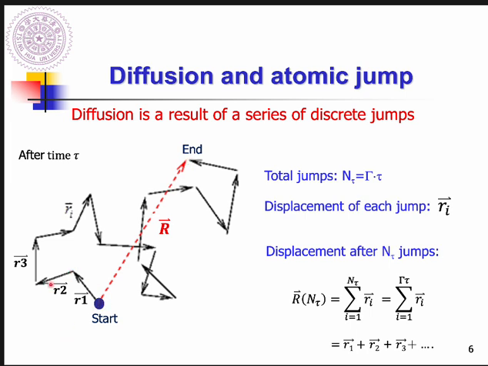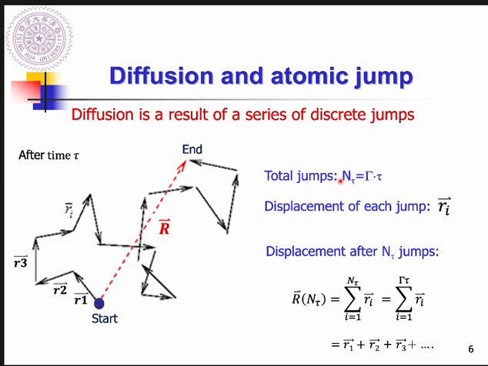Obviously this process is the diffusion process or atomic jumping process. But because my purpose is to link the diffusion with the atomic jumping process, it turns out that after a series of atomic jumps, you can visualize that diffusion really happens. So diffusion is a series of individual or discrete jumps. To describe this phenomenon, you can write down, starting from here and ending here, the total jumps for this atom, which we call n tau.